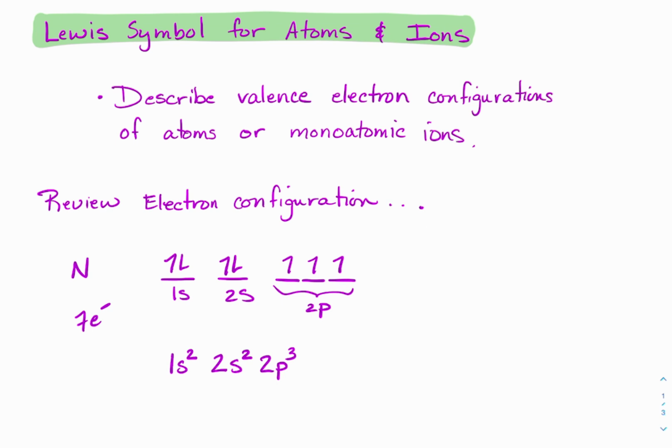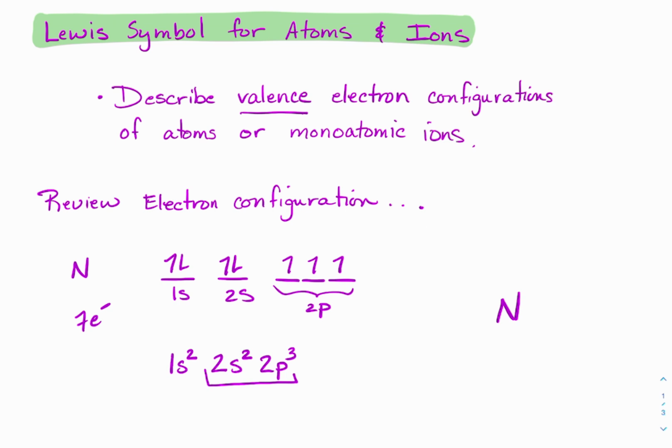Now, when we draw the Lewis symbol of the nitrogen atom, what we'll do is draw the symbol of the element, and then we determine the number of electrons out of our electron configuration that are considered what we call valence electrons. The valence electrons are the total electrons in the outer shell.